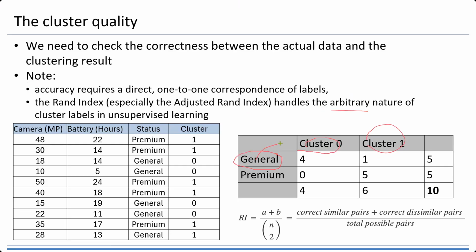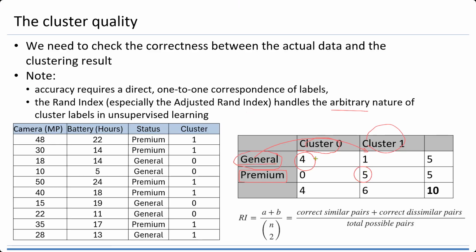Maybe actually the general should be in cluster 1 for all. It is lucky that most of them are in cluster 0. If you look at the premium, most of the data belongs to cluster 1. Okay, we can say that this is fully correct.